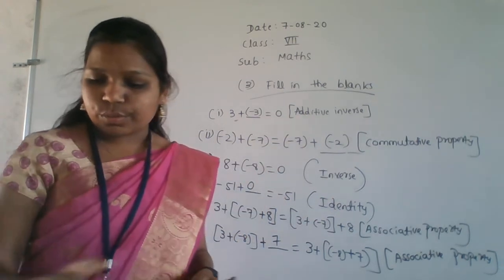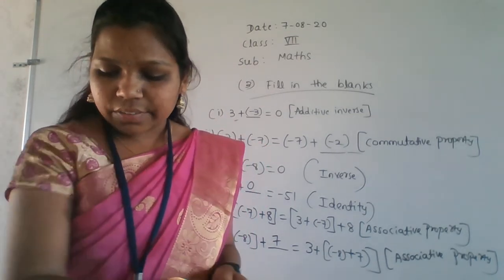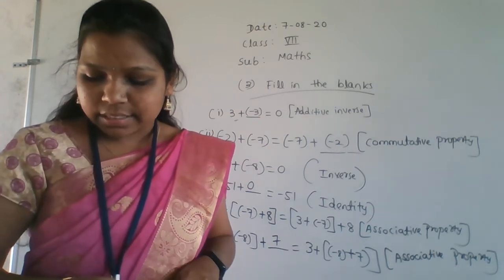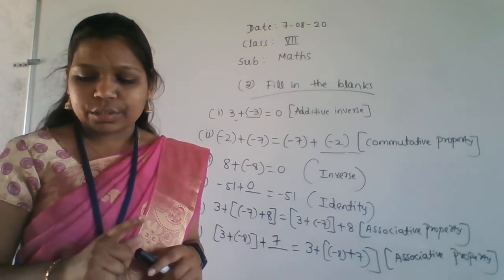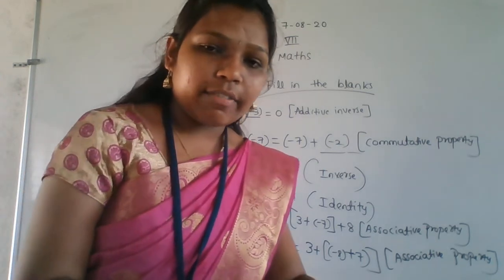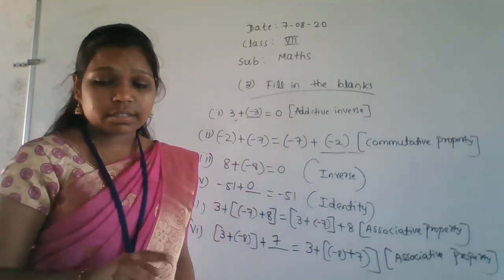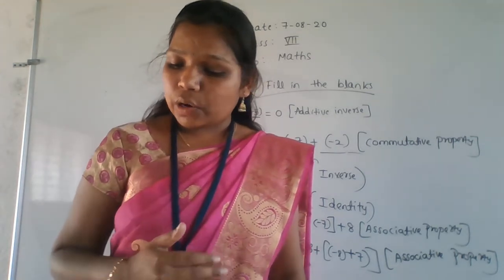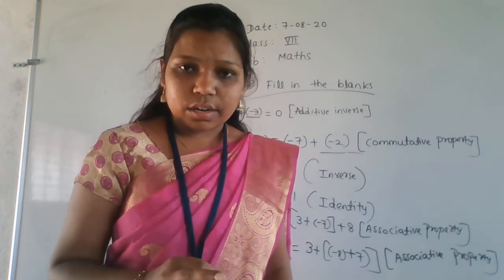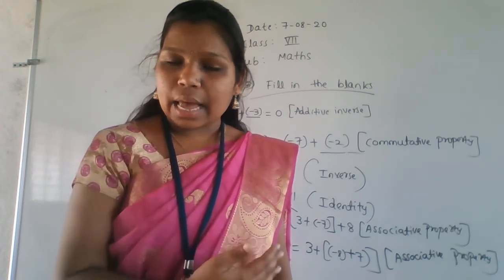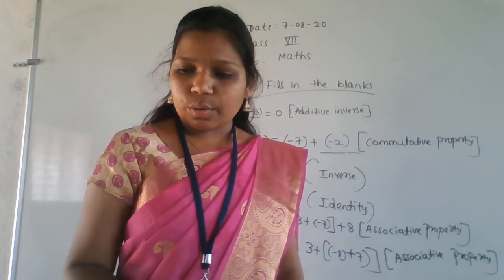So next we'll move to the next question, the fourth one. With the help of a suitable example, show that subtraction is non-commutative and non-associative for integers. When I discussed the subtraction properties of integers, I already gave an example of non-commutative as well as non-associative, and once again I am going to tell those examples, so please concentrate here.